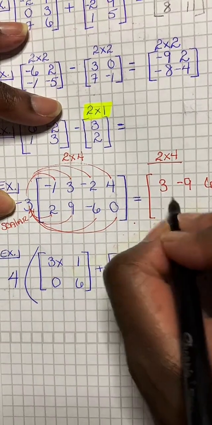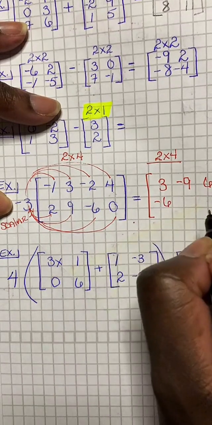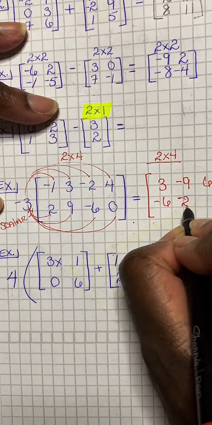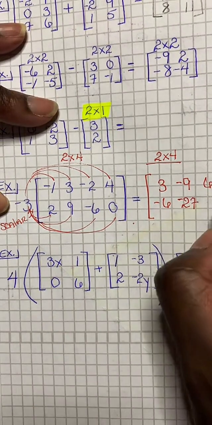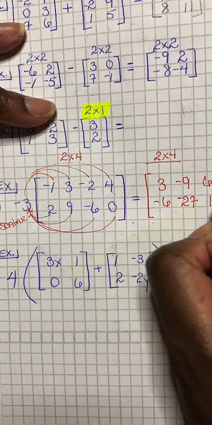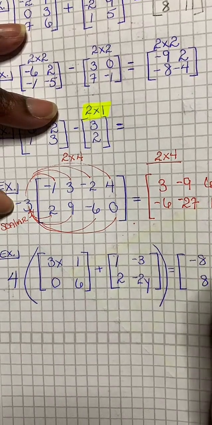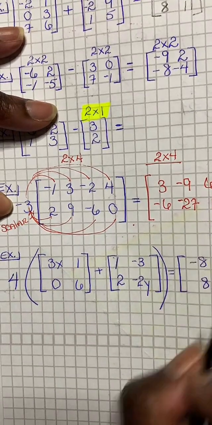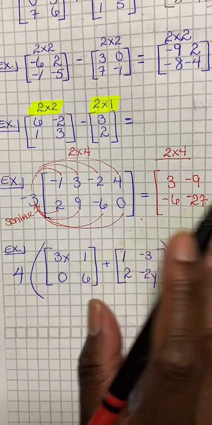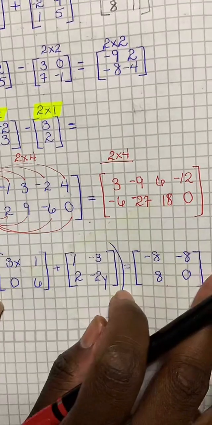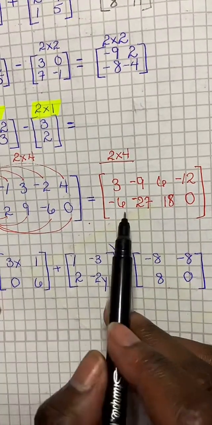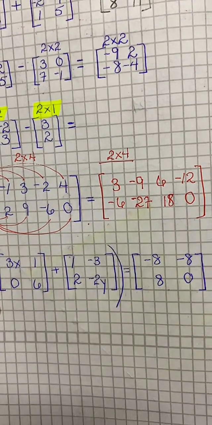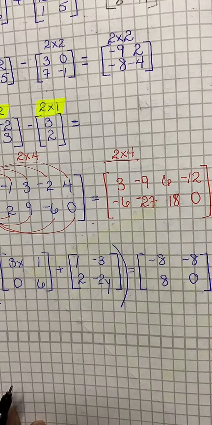And then -3 times 2, -6 again. -3 times 9, that will give me my -27. -3 times 6, that will give me my 18. And -3 times 0 will give me my 0. All right, so we started off with 2 rows, 4 columns. And although we had a scalar, we still did the 4 columns and 2 rows.